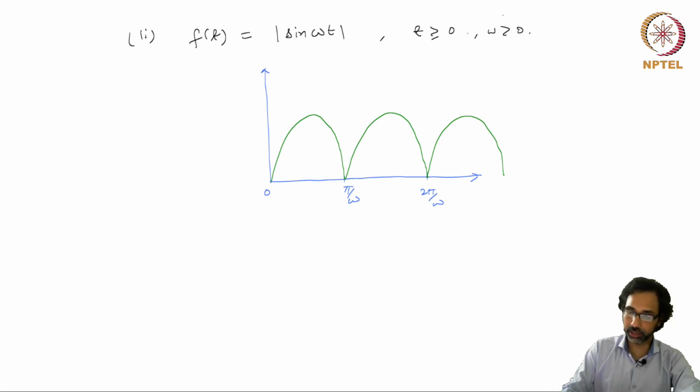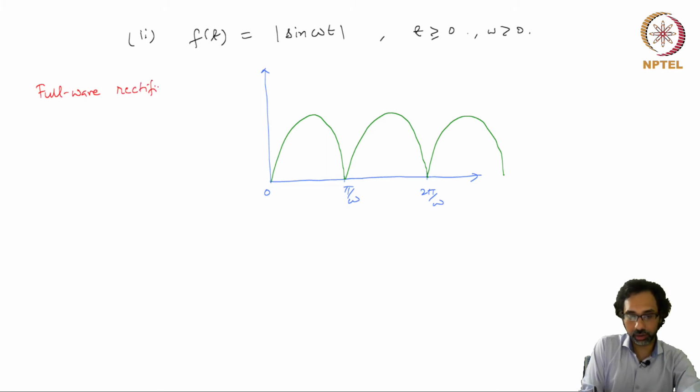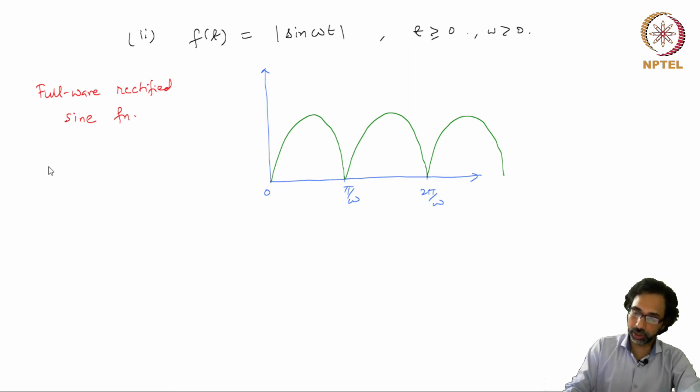This function has a special name. This is called the full wave rectified sine function, and this is also important in engineering problems. So let us try to compute the Laplace transform of f(t).